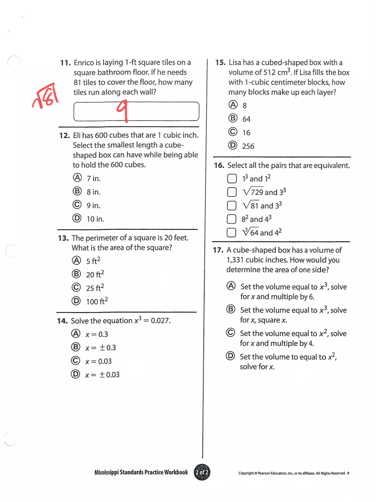Number 12, Eli has 600 cubes that are 1 cubic inch. Select the smallest length a cube-shaped box can have while being able to hold 600 cubes. Well, if we take the cube root of 600, we get 8.43 rounded. So we couldn't go over 8.